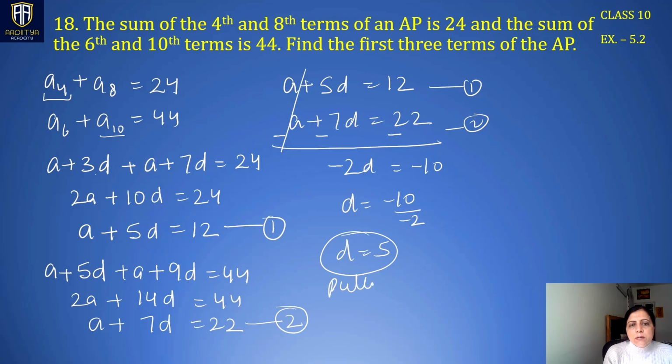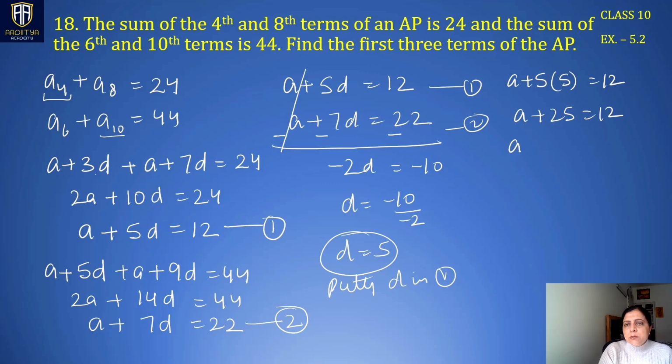Now putting D in equation 1. It becomes A plus 5 times 5, which is 12. So A plus 25 is 12. So A becomes 12 minus 25. A is minus 13. Right?